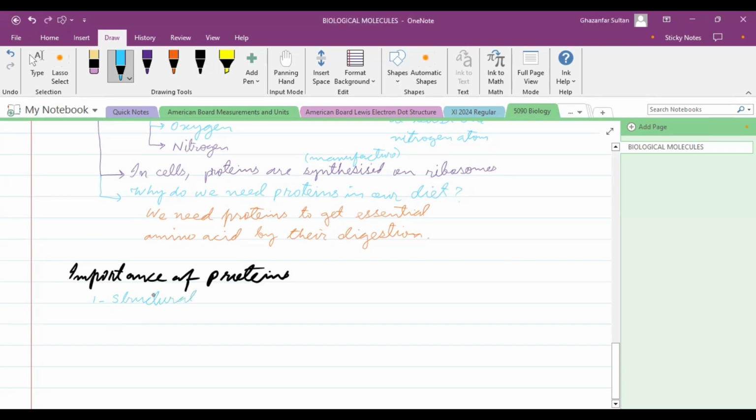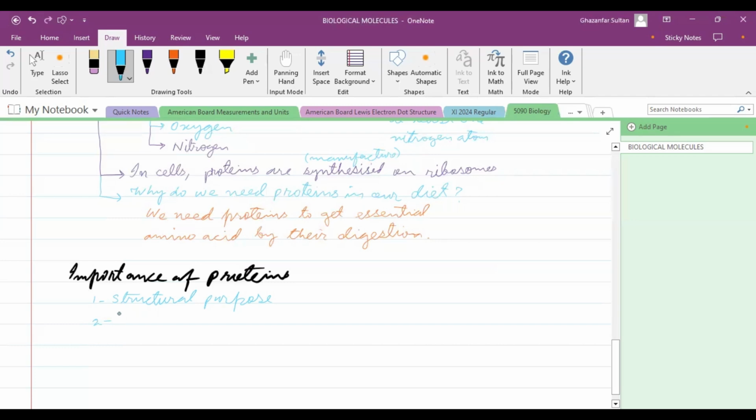How? Because we need proteins to build our muscles, bones, hair, and so many other functions.